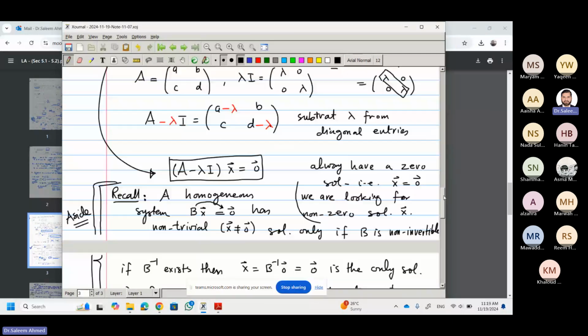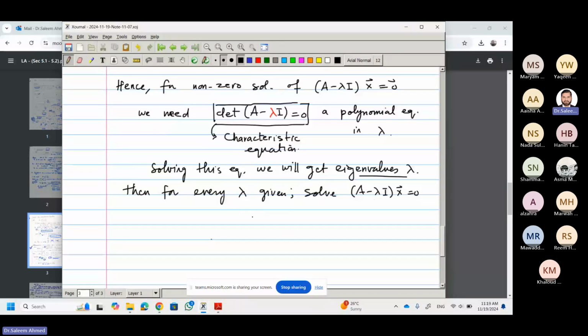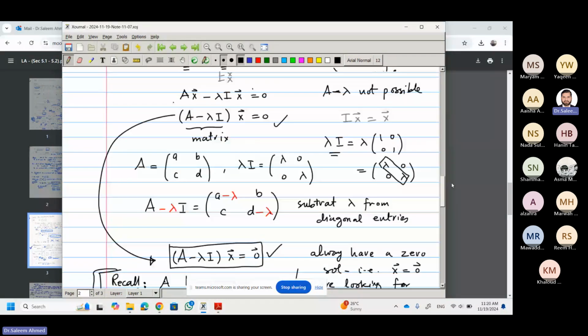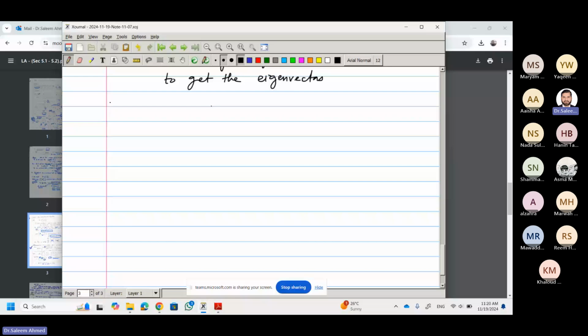I will solve this one because lambda is not unknown now. I will solve this to get the eigenvectors. So this is our criteria now. Of course, I did all this to make sense of what we want to do. But now, if a matrix is given to me, I will directly start with the characteristic equation.